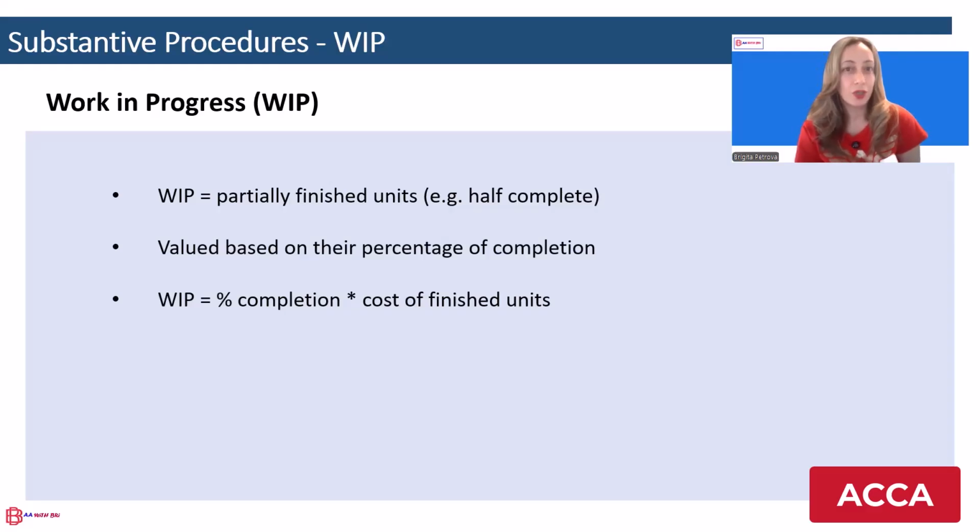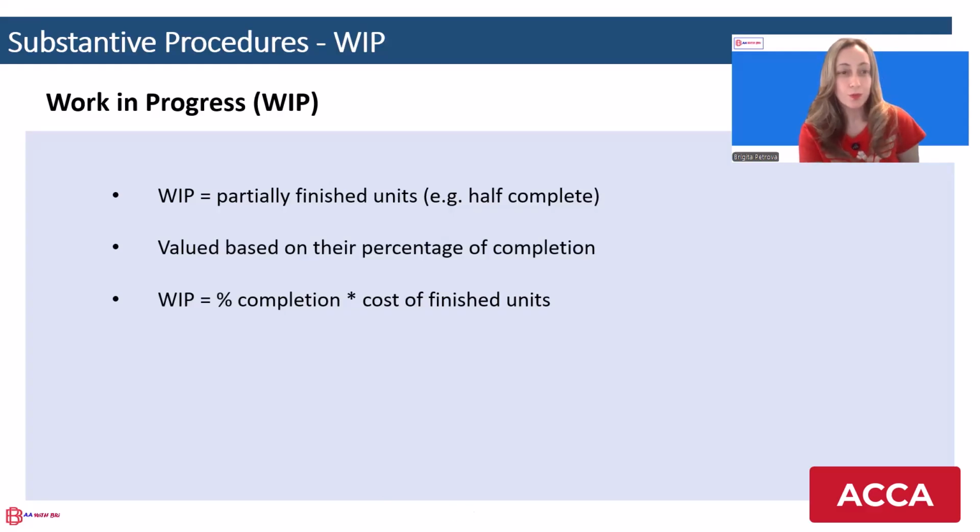And say if the cost of a finished table is $100, then the cost of that WIP table would be 50% of 100, so $50. But don't worry, you don't have to do the calculation in your favorite subject, audit and assurance, but you need to understand that this is what WIP is. So then you can come up with the tests quite easily.